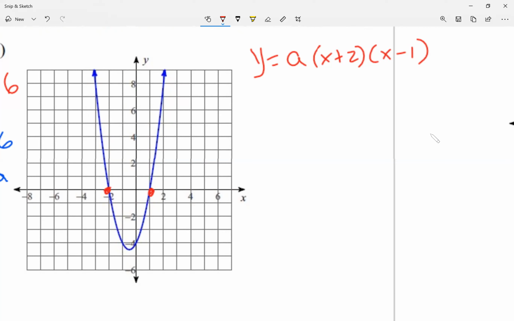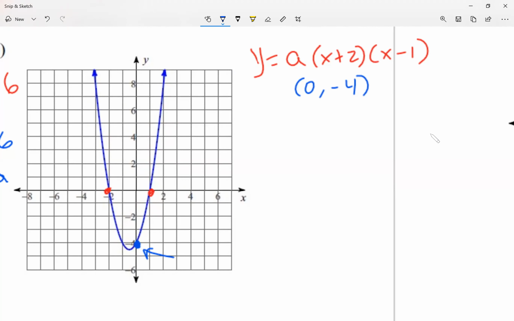I just need to solve for the aperture. I'm going to choose a random point on my graph, a point that I can see the coordinates. One point that I'm going to use is this one. You guys can see it there. Coordinates of that point are 0, -4.